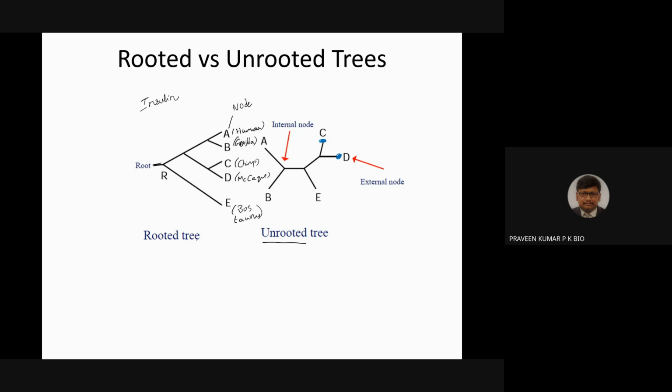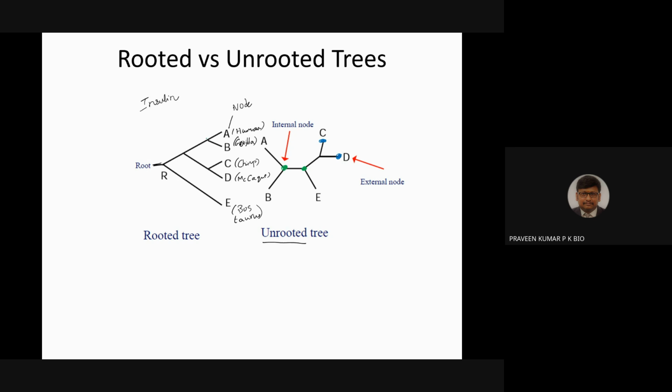We also have a different node which is present inside, what we call an internal node. The internal nodes are present inside, the external nodes are present outside. Obviously, the external nodes represent the sequences. The internal nodes are not like that, it's a branching.